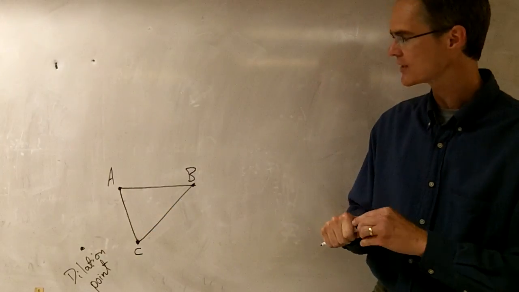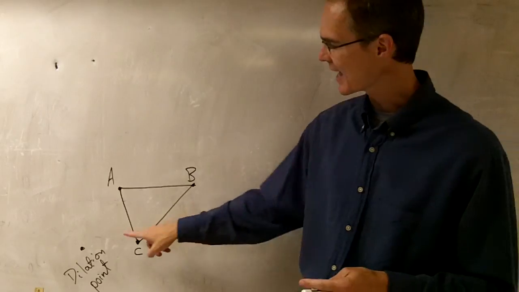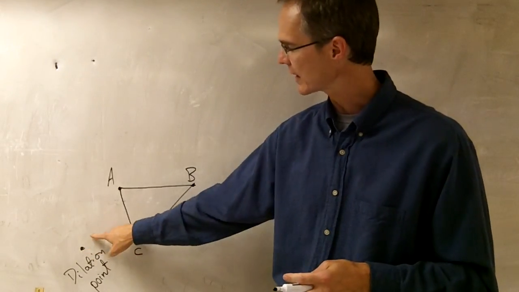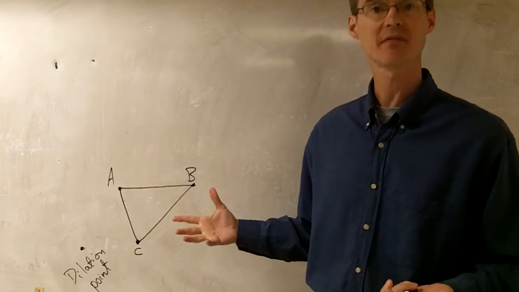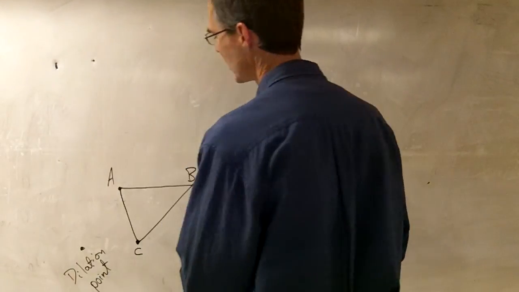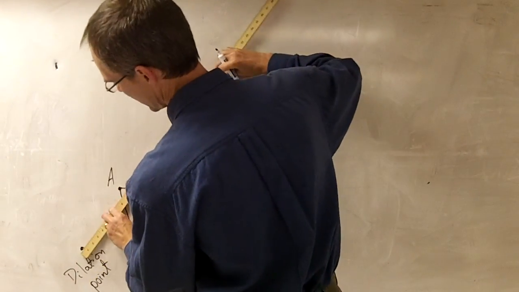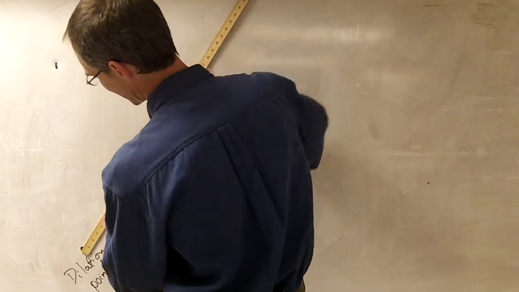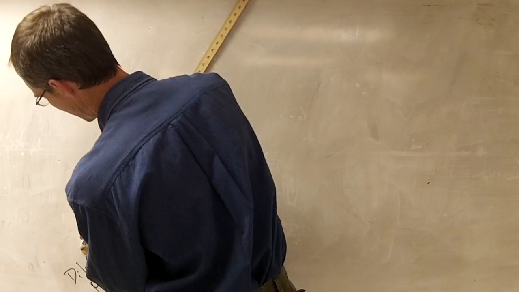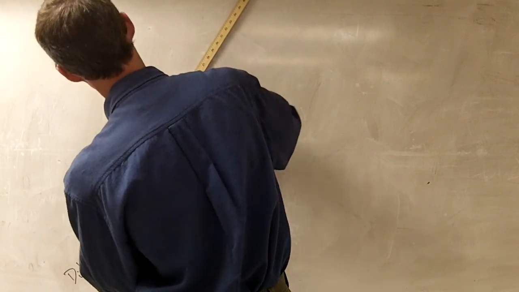And the first thing I want to do is draw lines from my dilation point that go through each one of the vertices of my figure. So I'm going to take my ruler and draw lines from my dilation point through each one of my vertices.